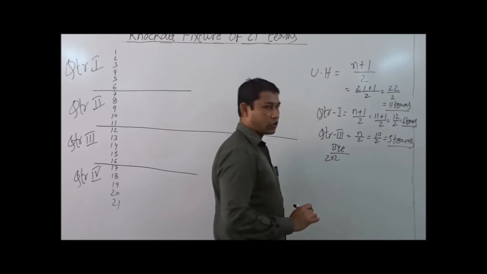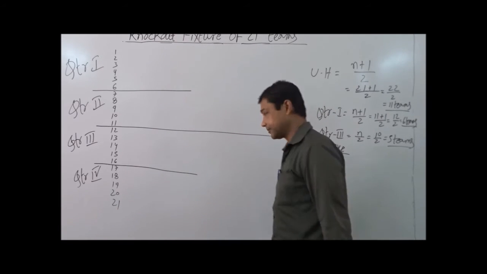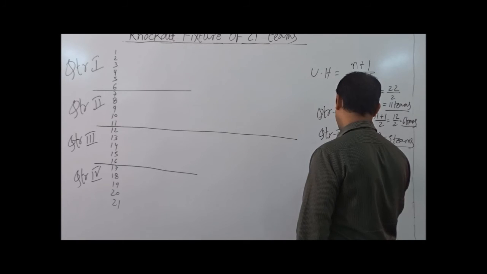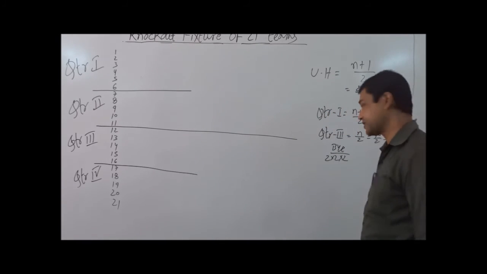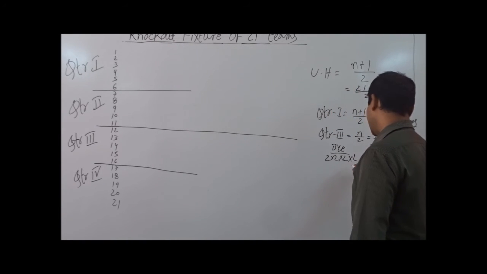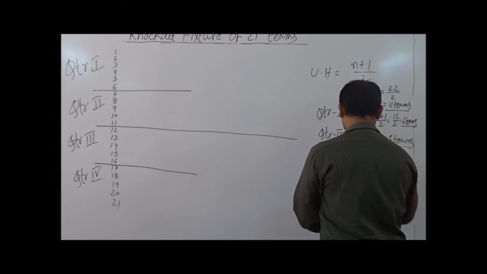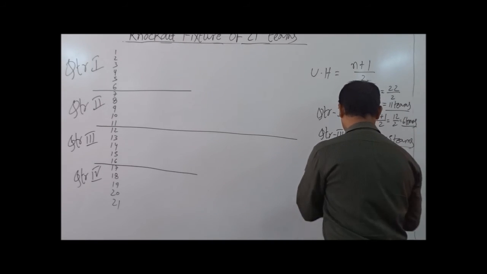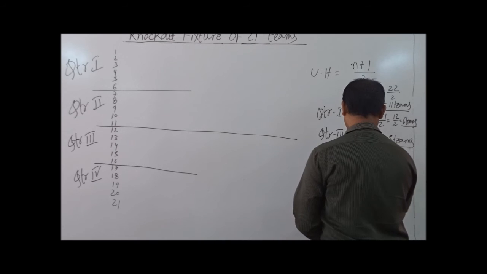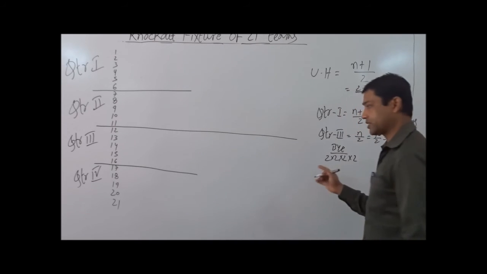2 into 2, 4. 21 is greater. 4 into 2, 8. Still 21 is greater. 8 into 2, 16.